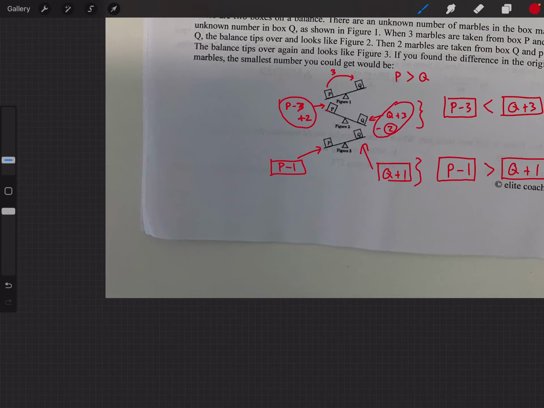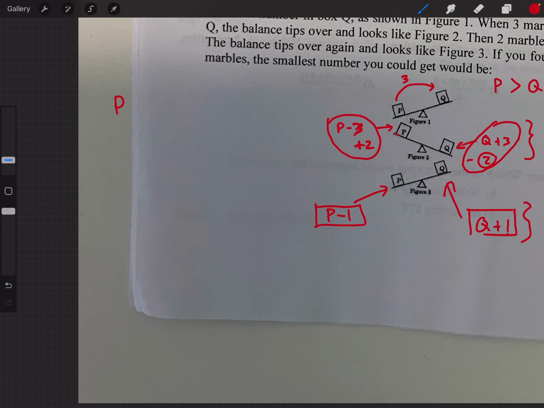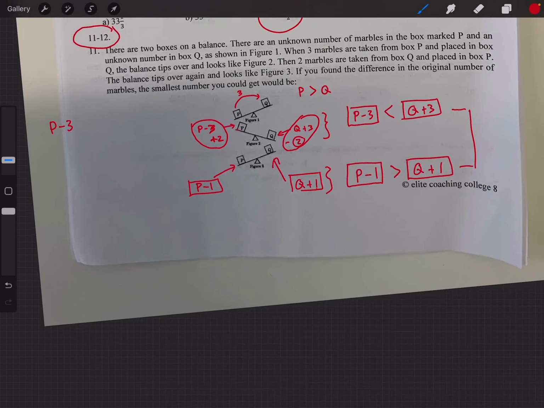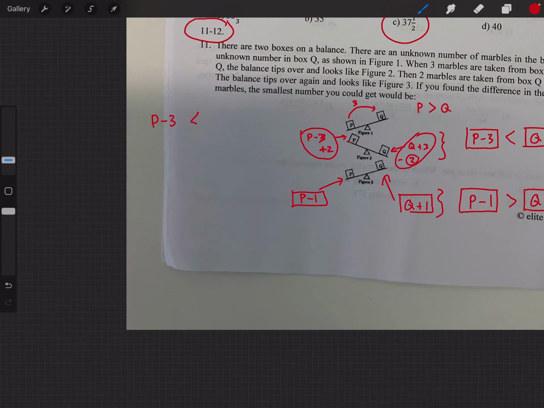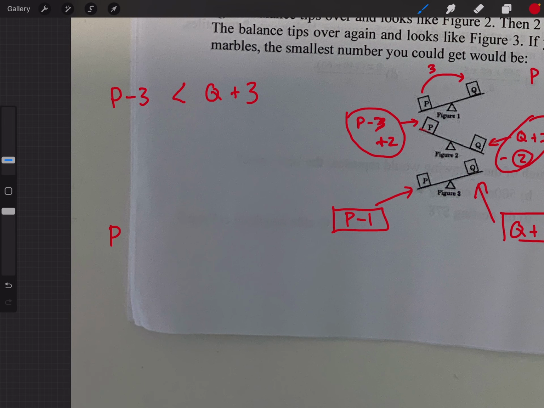So let's look at the first equation. So you have P minus 3 is less than Q plus 3. Okay. So what we're going to do is we want to get to the point of P minus Q, and we want to see what that looks like. Could be more than, less than, whatever.